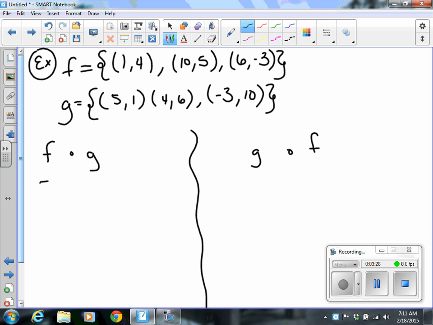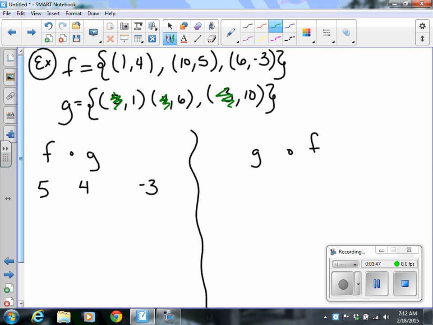I know my x values for g are 5, 4, and -3. Cross those off. When I'm looking at the point 5 for my g, where does it go?